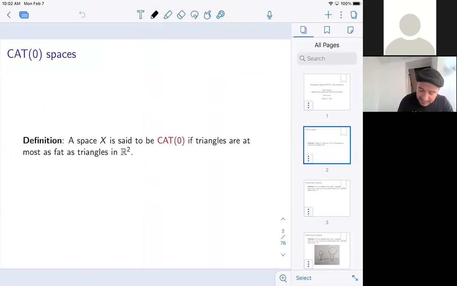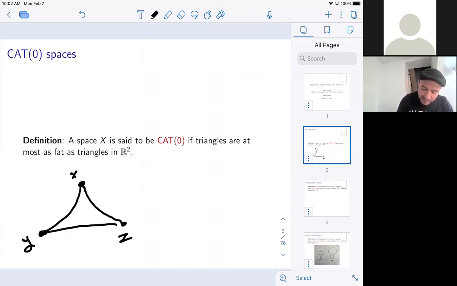A cat-zero space is a space where, if you give me any points x, y, and z, you look at the geodesic triangle connecting such points, and then you go to R2 and build a triangle with the exact same side lengths.